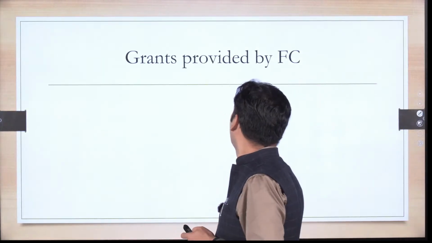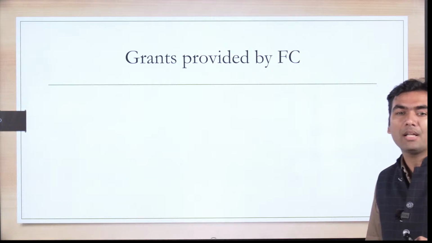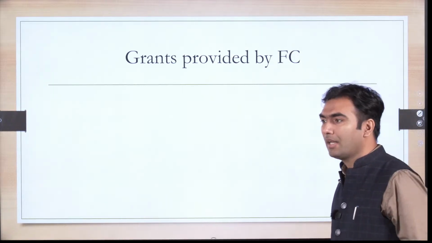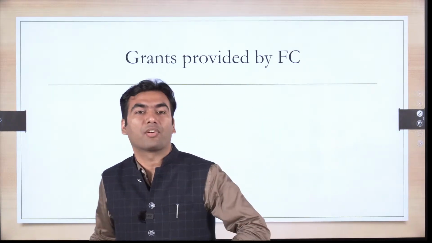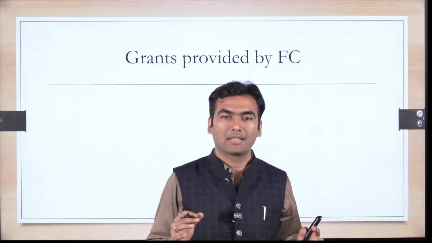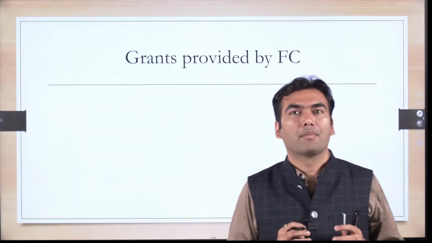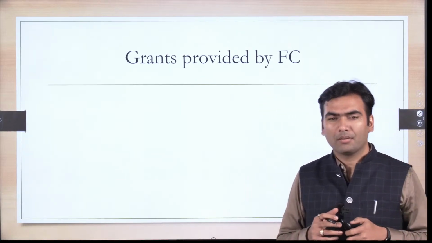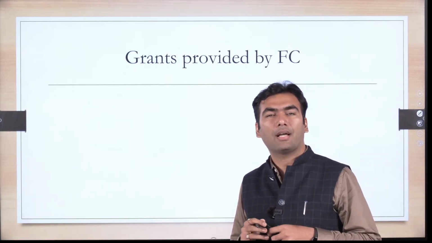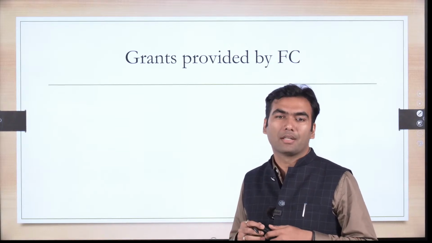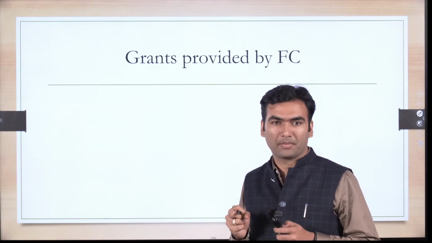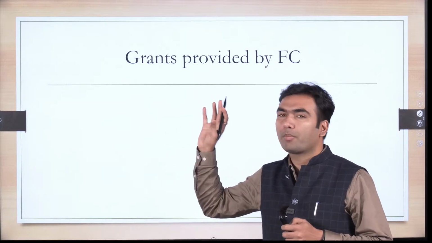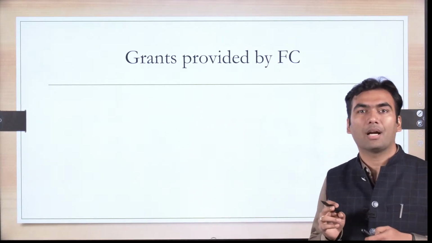Now, there is another element of the Finance Commission. The devolution is a matter of right, that the states must get this much money from the center's share. But not all states are able to complete all their needs using this devolution. So the Finance Commission also provides some grants to the states.